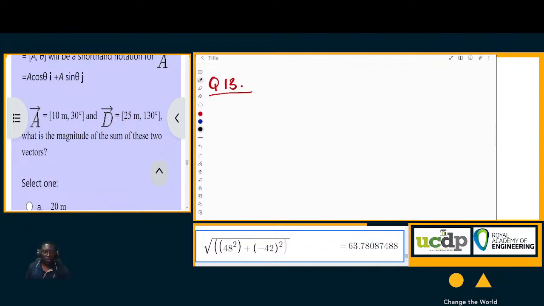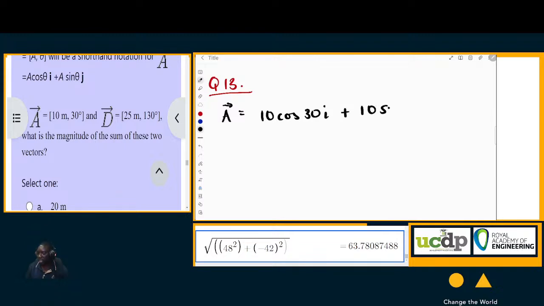We are given vector A and vector D. What is the magnitude of the sum of these two, which is a simple one? Vector A is 10 cos 30 in the i plus 10 sine 30 in the j. Remember, you should not confuse cos and sine; the x component is cos.